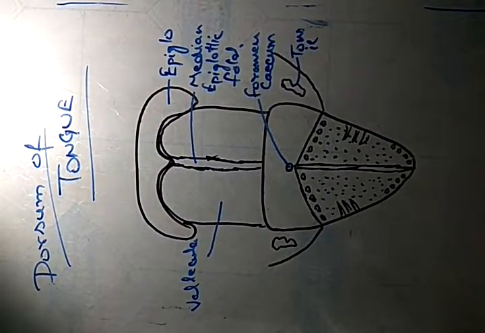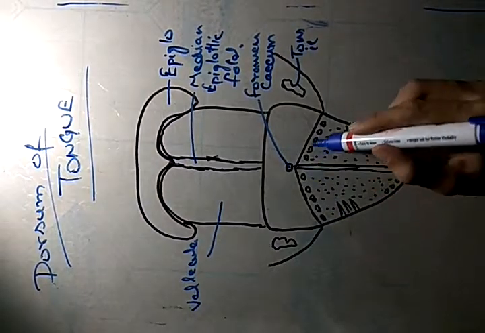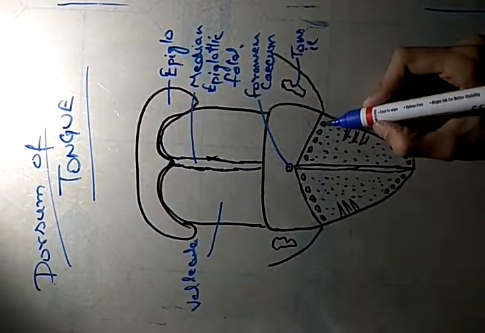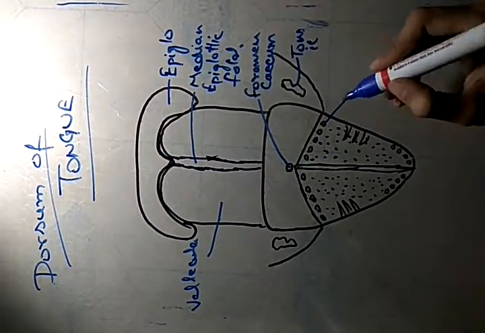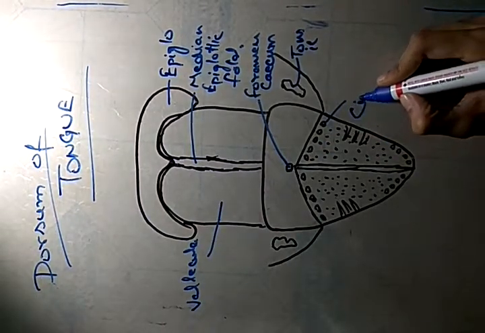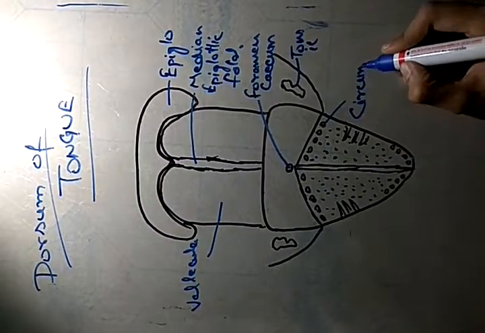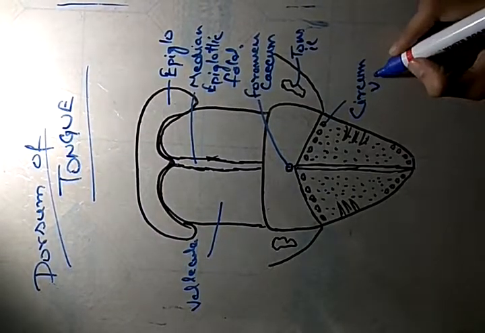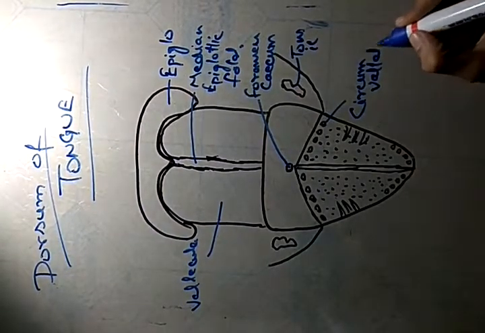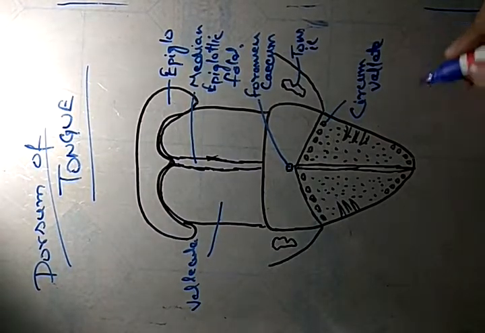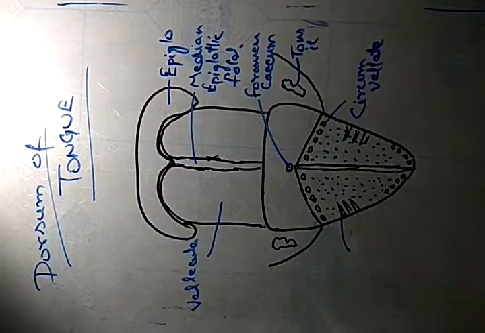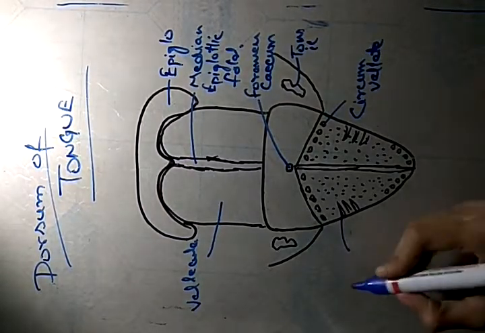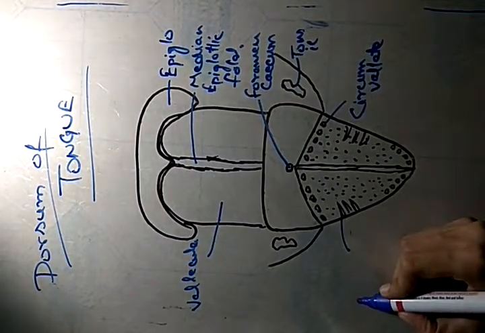Okay, so now what have I drawn? These little structures, these circles, are our papillae. These are circumvallate papillae. These horn type are foliate papillae, which are rudimentary in humans.